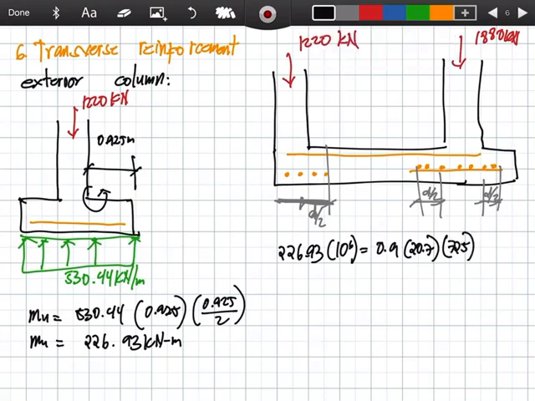So, 0.9 F prime C BW d squared omega times 1 minus 0.59 omega. And then, kunin natin ang omega.